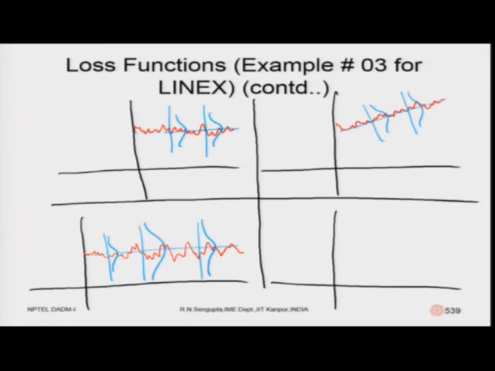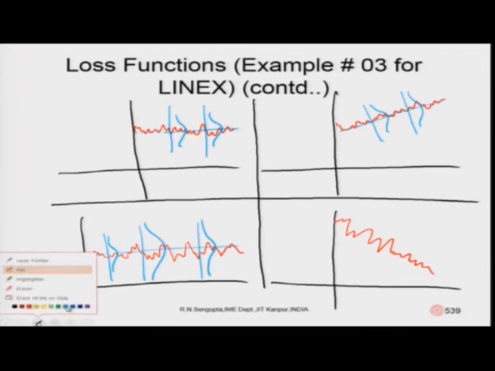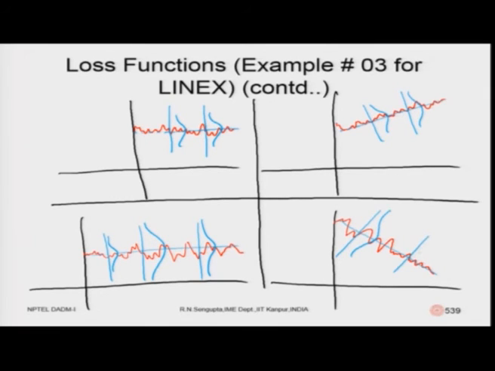In case the mean value is increasing or decreasing, consider it decreasing, and the variance is also decreasing. So, you will have these types of graphs for a random variable which is fluctuating.